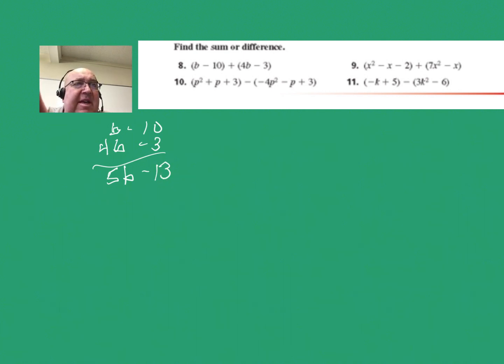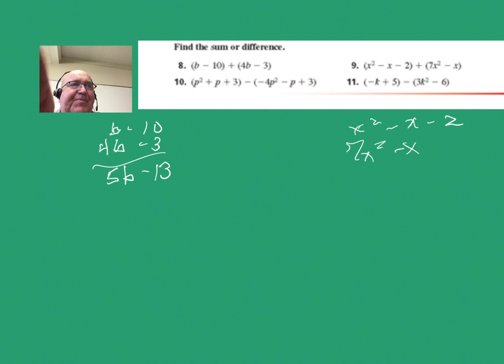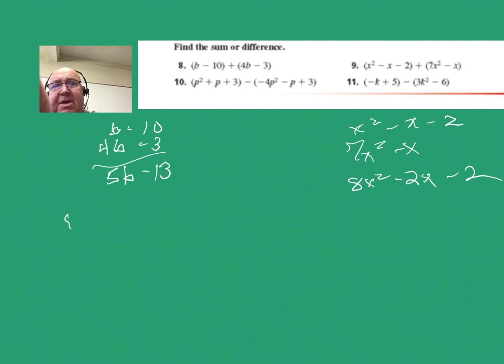Number 9, I have x squared minus x minus 2 plus 7x squared minus x. We get 8x squared minus 2x minus 2.